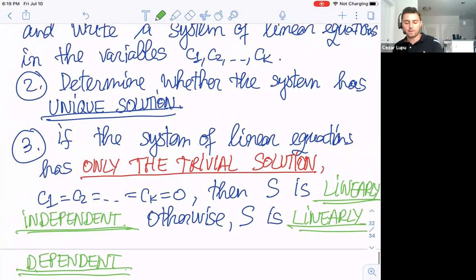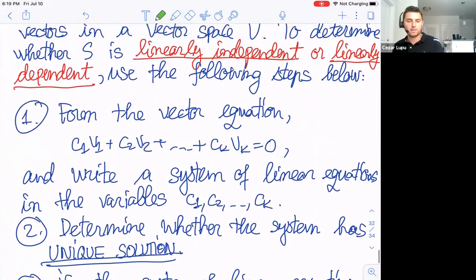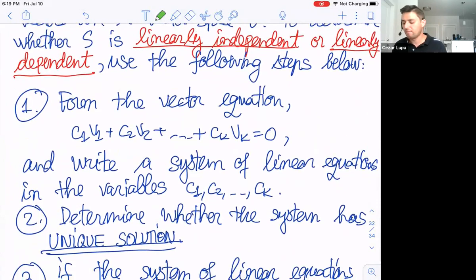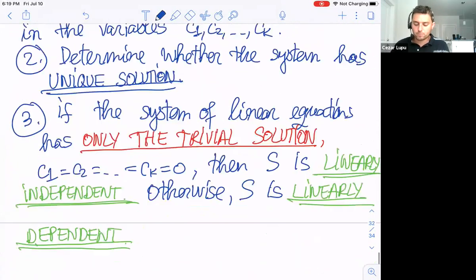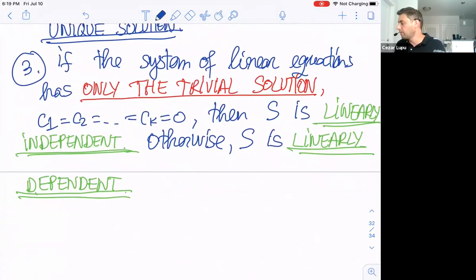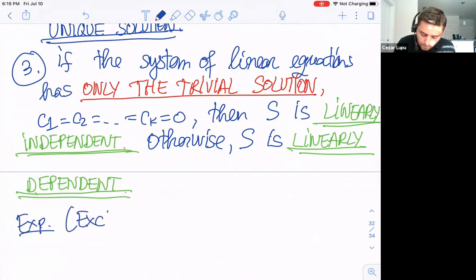That's how we test linear independence. That's what we did so far. And now, let me give you another example, and I think I will be done here. In fact, I will leave this example to you as an exercise. It goes along the lines of previous examples.